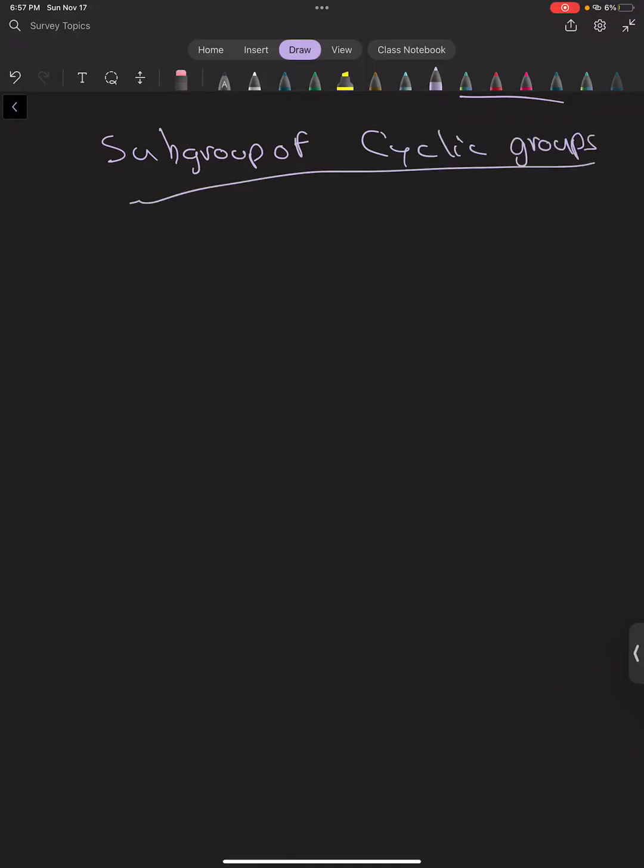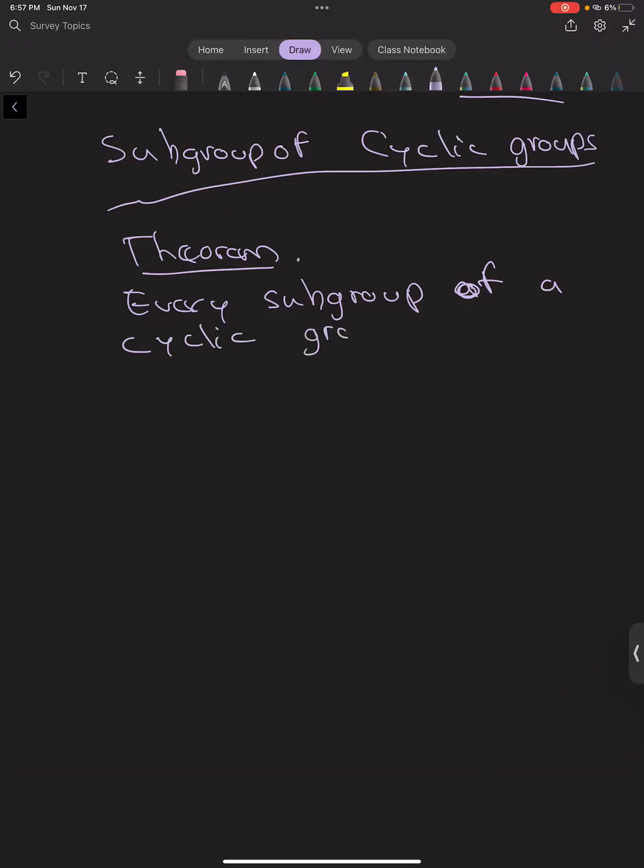So now we do subgroups of cyclic groups. Theorem, and somebody has to present about this: every subgroup of a cyclic group is cyclic.